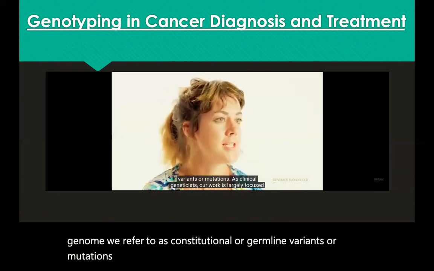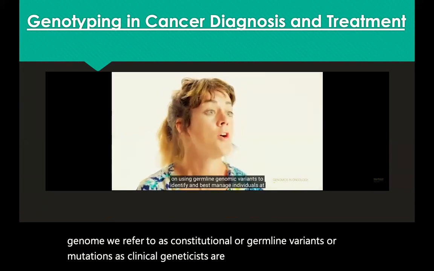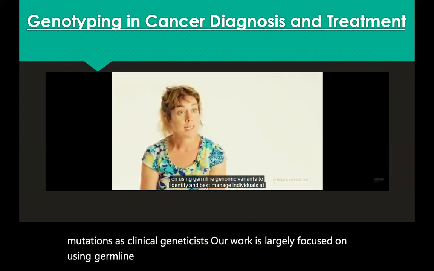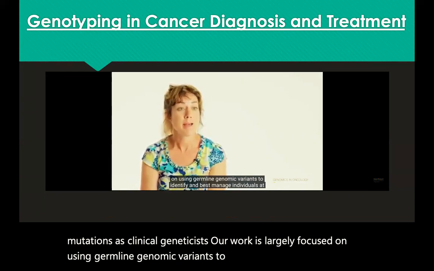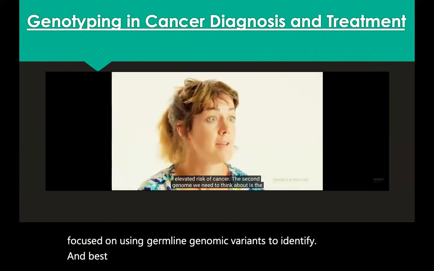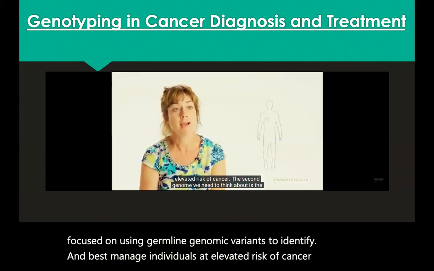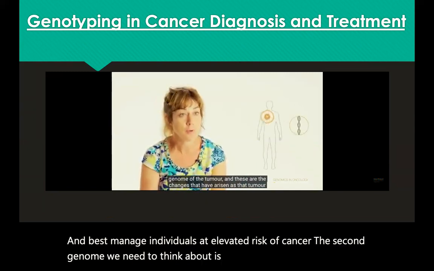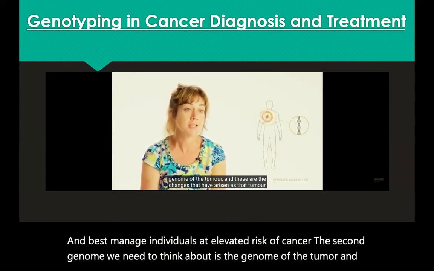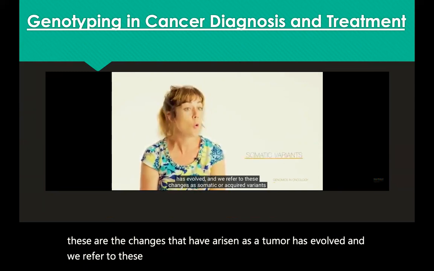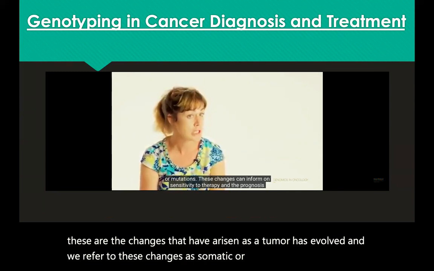As clinical geneticists, our work is largely focused on using germline genomic variants to identify and best manage individuals at elevated risk of cancer. The second genome we need to think about is the genome of the tumour, and these are the changes that have arisen as that tumour has evolved, and we refer to these changes as somatic or acquired variants or mutations.